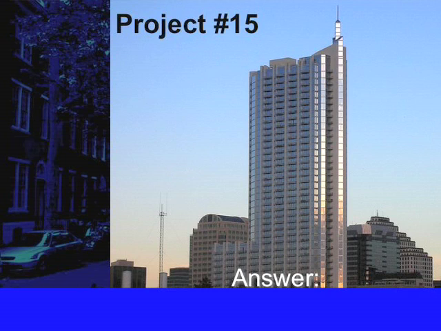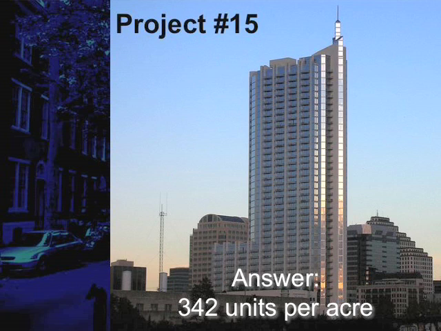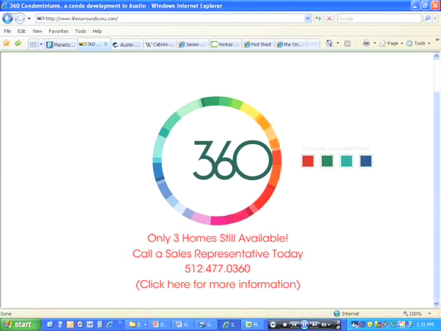And it's what they call a point tower, which is the Vancouver model, where you've got a simple central elevator and stairway shaft with a single loaded corridor going around it, with all the units having a corner exposure and very slender towers as opposed to bulkier ones of the past, and it's very popular. That's 342. And there's only 3 homes still available according to the website, so if you're interested, you better hurry.